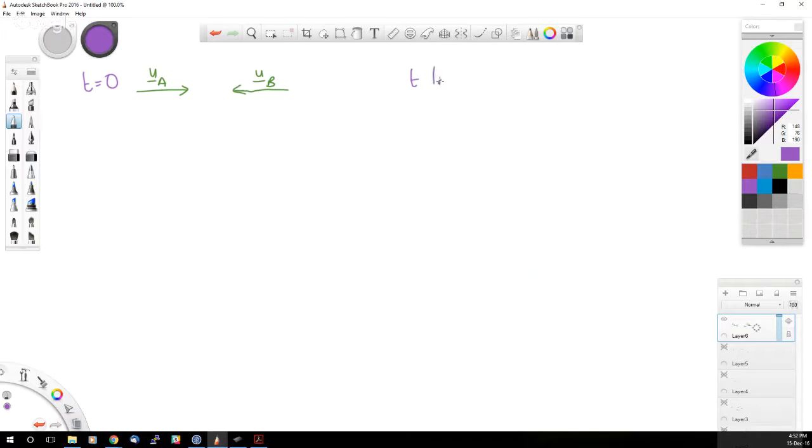And then time t later, we still have the same components horizontally because we don't have any acceleration in that direction. But what we do also have is, for both of them, the same vertical component, gt. And now we can draw on our vectors.